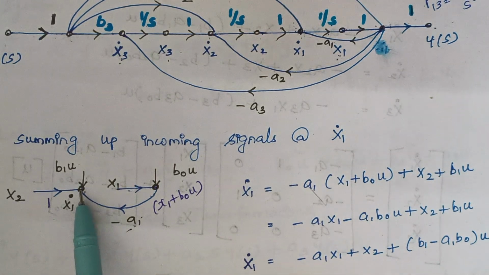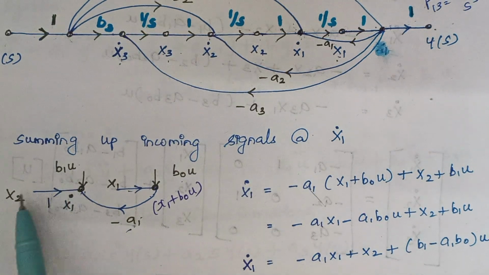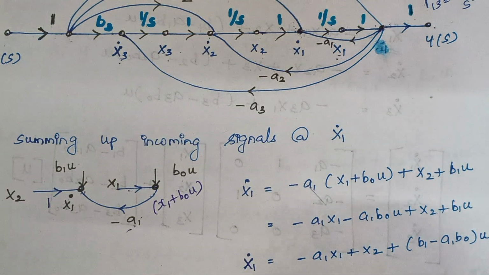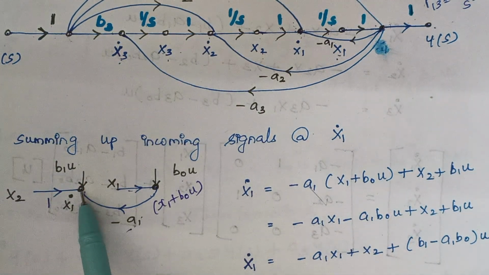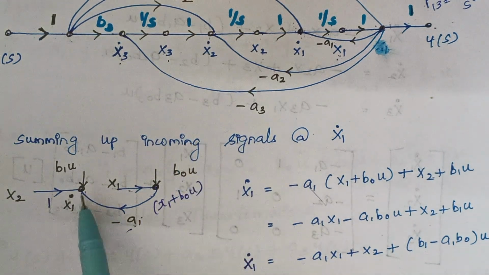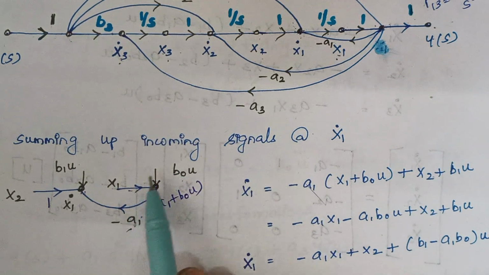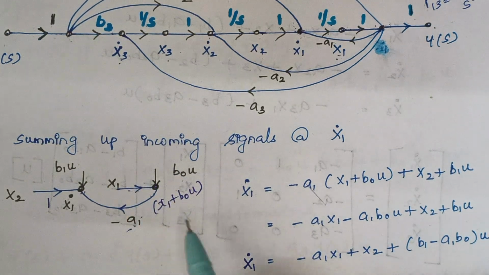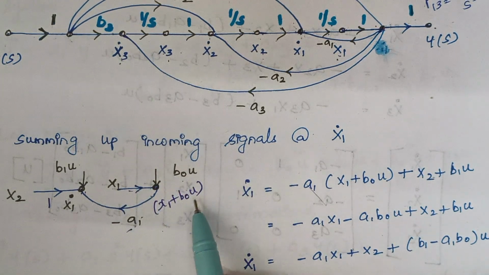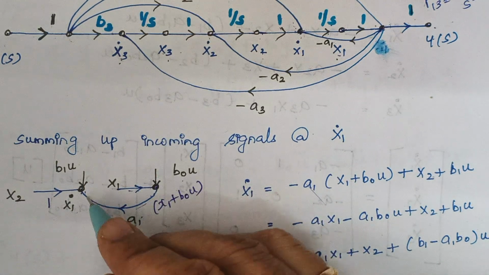The first thing is, to this x1 dot I am having two inputs, okay? Those two inputs are with positive sign, so simply add x2 plus b1u. And the next thing is, again to this node I am having some other thing which is connected. When you look back, you see here I am having a node, and this node is also having two inputs. So what will be the output of that node? Both are with positive sign, right? So x1 plus b0u, and this x1 plus b0u gets multiplied by the gain over here.